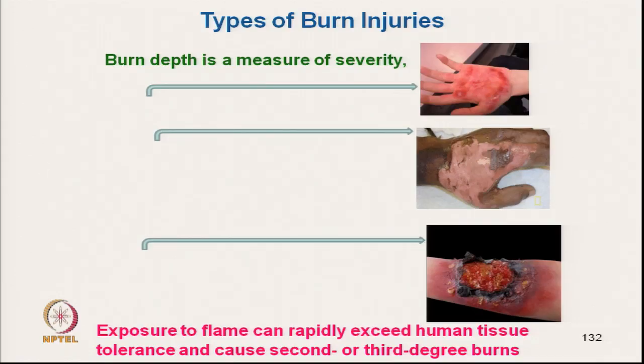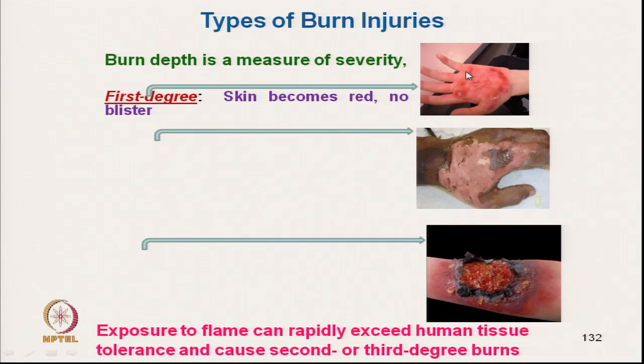The type of burn injury is that the burn depth is measured depending on the severity. The first degree burn is that the skin becomes red, no blister formation, and the person will recover after a few days.